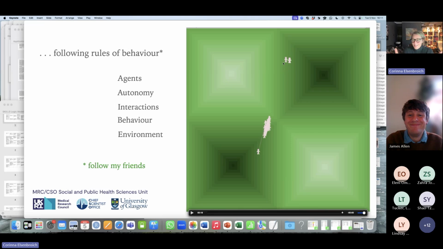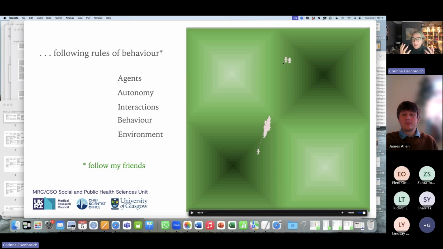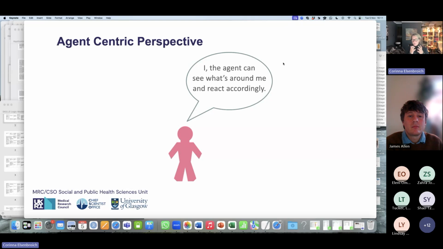Okay, so this is what an agent-based model is. Literally, it's agents in an environment with some behaviors. But what is important about agent-based modeling is how these models manage to connect the individual, their context, and their behavioral decisions. The absolute crux of agent-based modeling is what can be called the agent-centric perspective. That's what I meant when I talked about autonomy.